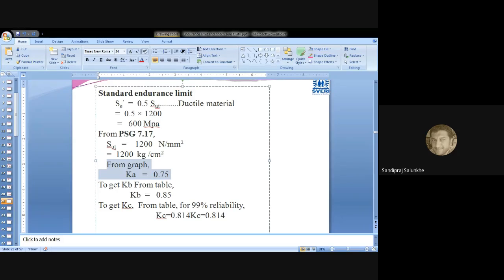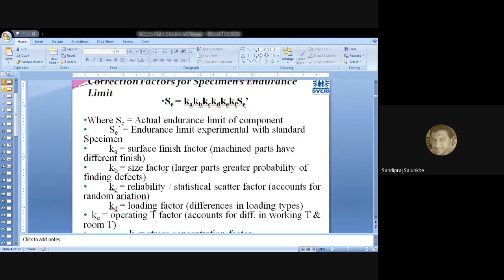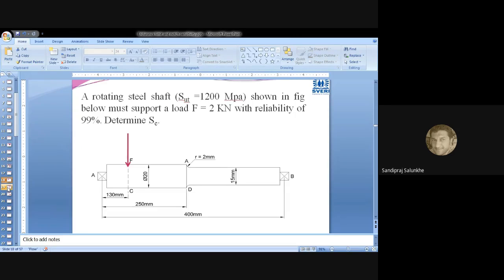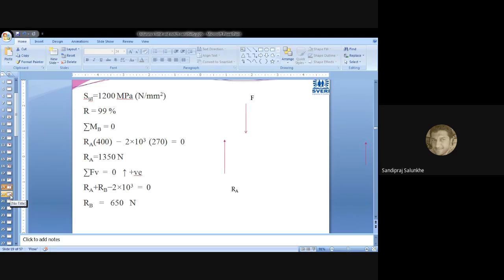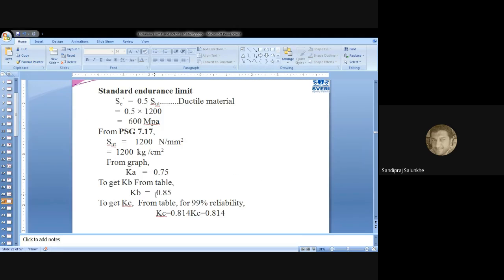Now Kb, for that a table is provided. What is the Kb actually? Kb is the size factor. From the size we know how to take the factor. So now you don't bother about all this, how I have selected it.